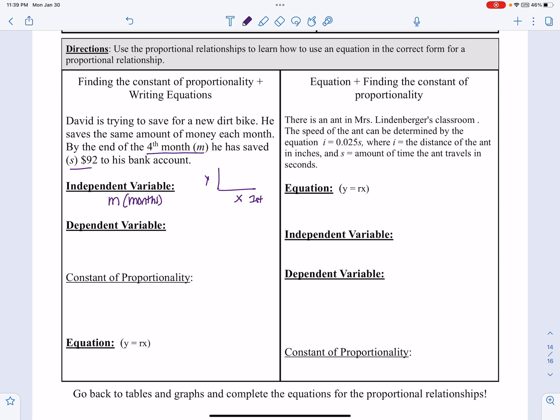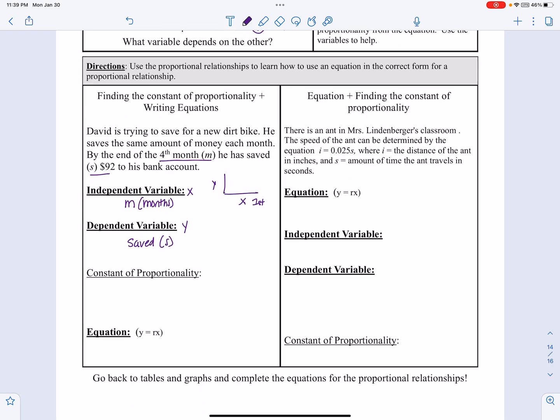And then depending on the months, that will tell us our saved amount, okay, or in this case, S. And so if our independent variable is X and our dependent variable is Y, we know that the equation, not an R, K, our equation is Y equals K times X, or if we divide both sides by X, we just end up with Y over X. And so you actually know what Y over X is.